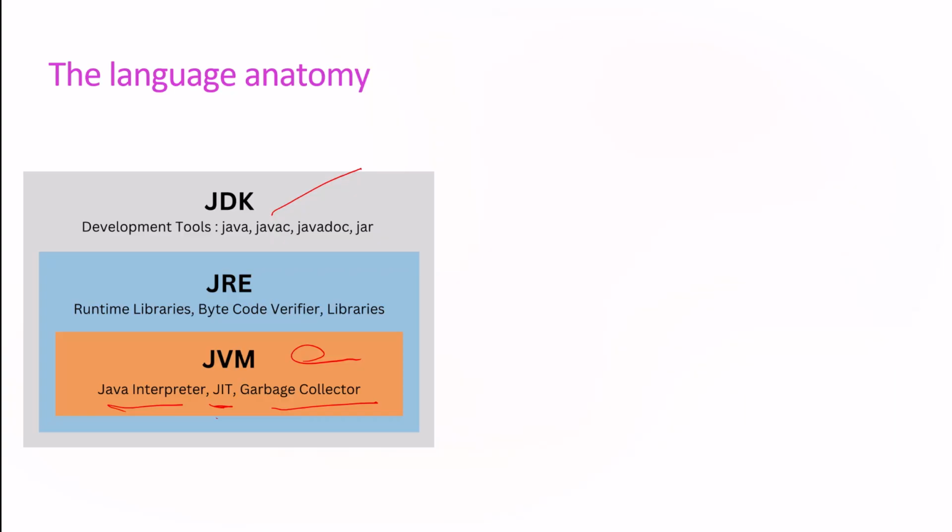It's just like, I don't know if you've been able to work using a virtual machine before. The JVM is more or less like a machine within another machine, or a computer within another computer.